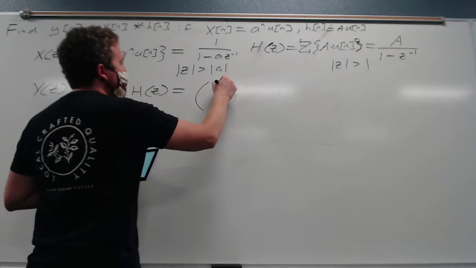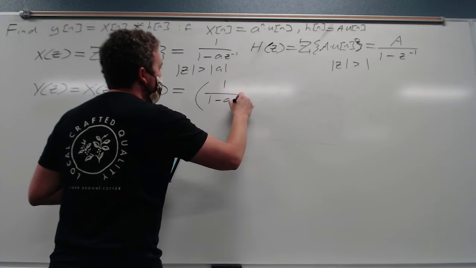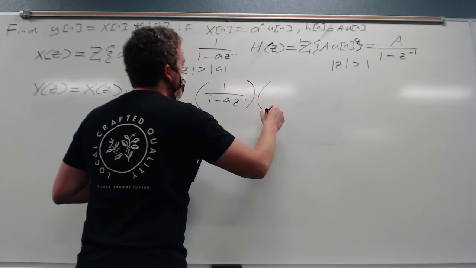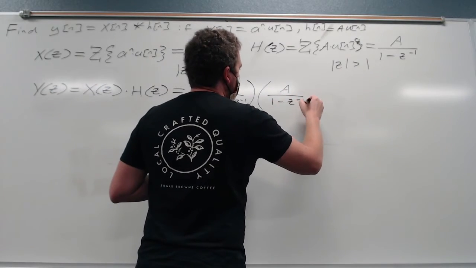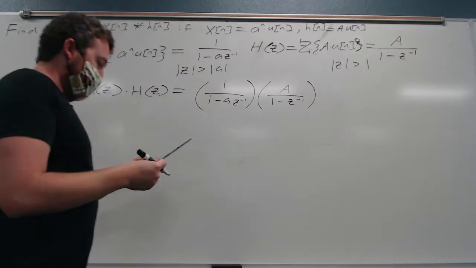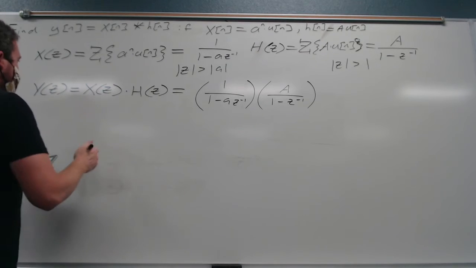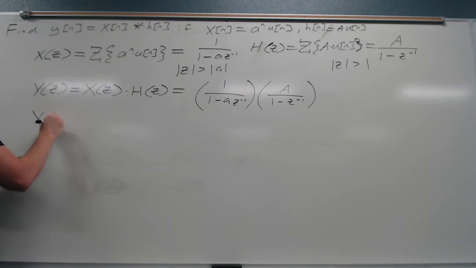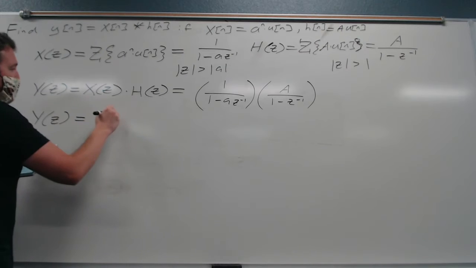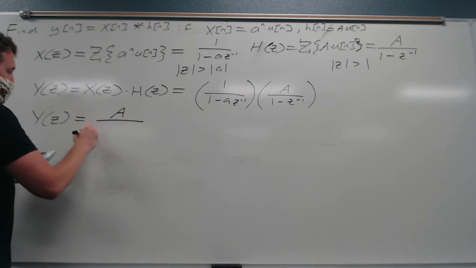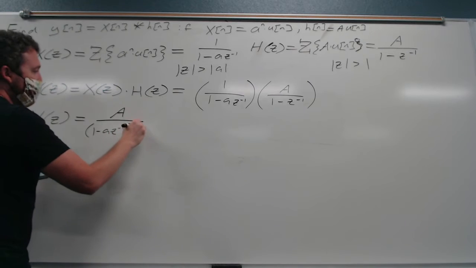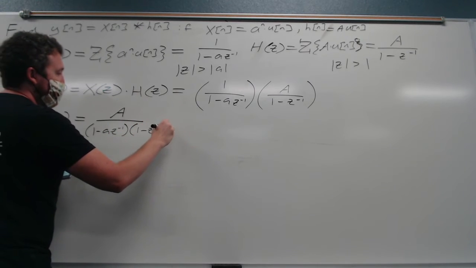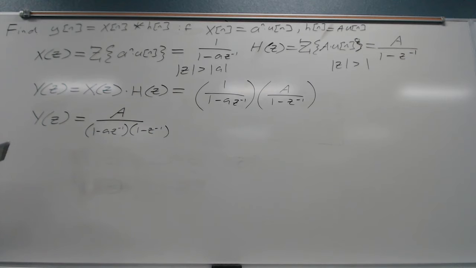It's going to be 1 over 1 minus a z to the negative 1 times A over 1 minus z to the negative 1. And we kind of leave it right there. Right? We can simplify a little bit to say it's equal to A over 1 minus little a z to the negative 1, and 1 minus z to the negative 1.